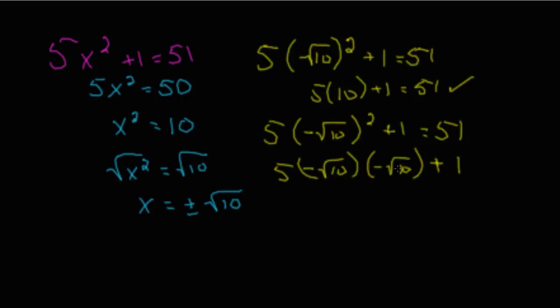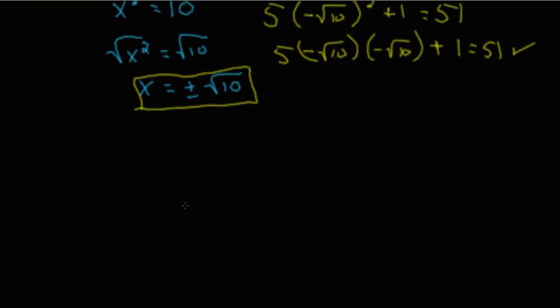Square root of 10 times the square root of 10 is 10. So 5 times a negative square root of 10 times a negative square root of 10 gives us 50. 50 plus 1 equals 51, so that checks out. So our solutions for this problem are when x equals a positive square root of 10 and a negative square root of 10. Has to be both of them because both of them are possible solutions.